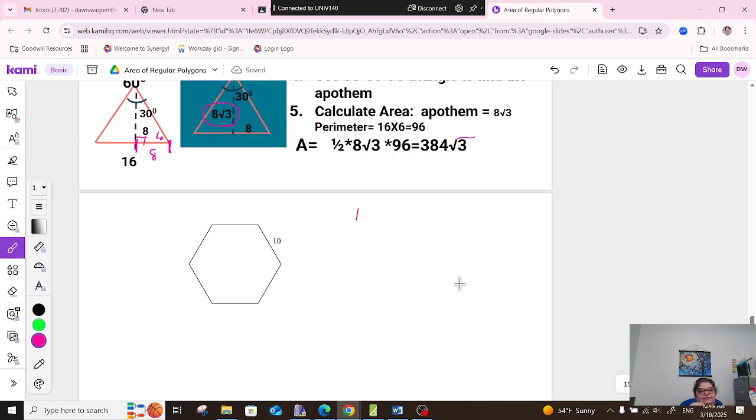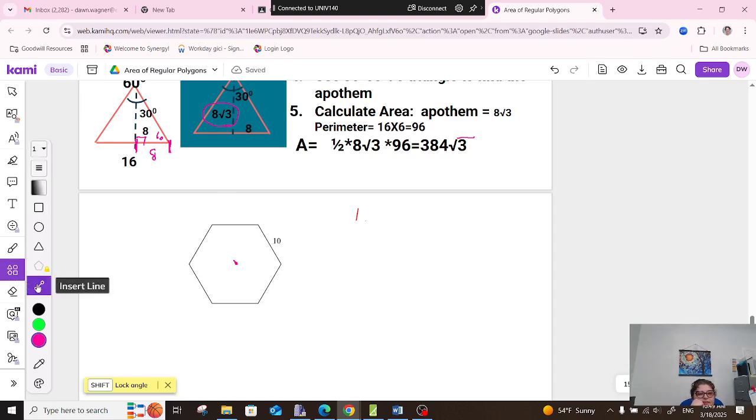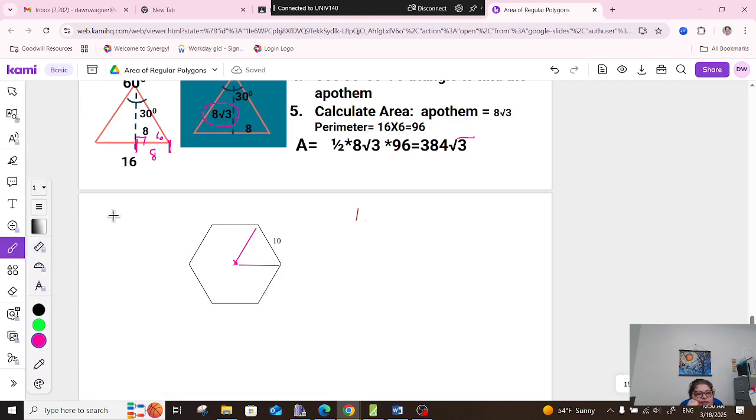Okay, so I'm going to draw right here. I'm drawing this, right? And if this is 6, is this 6 still? 1, 2, 3, 4, 5, 6. Yes. What is 360 divided by 6? 60.